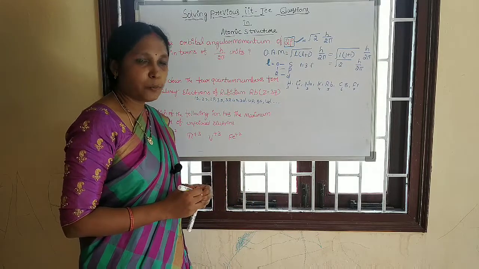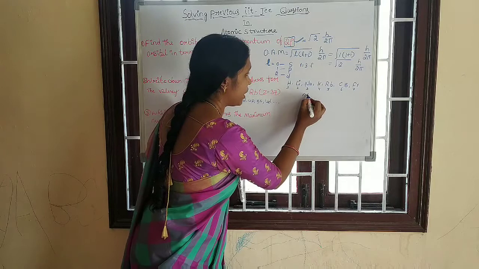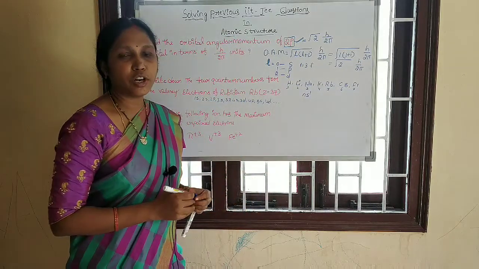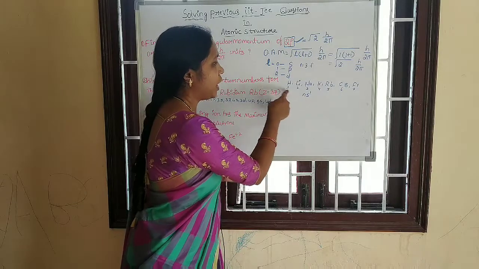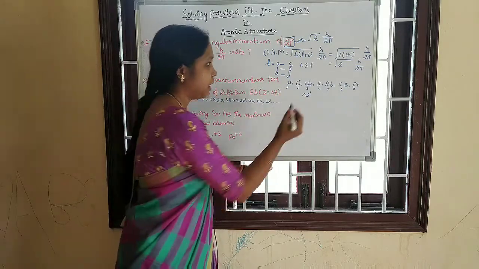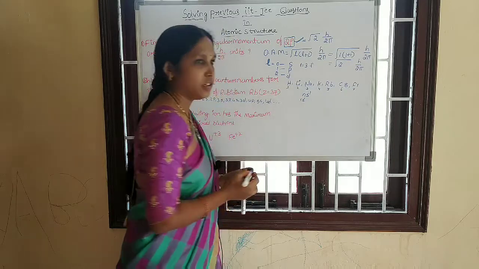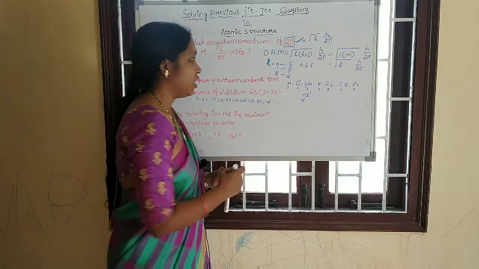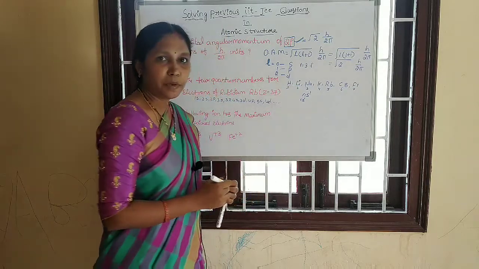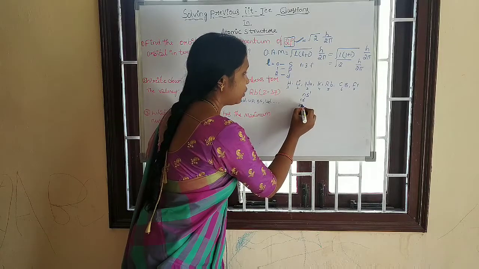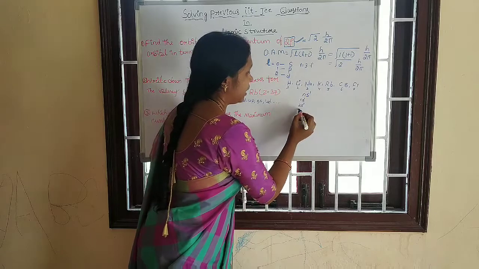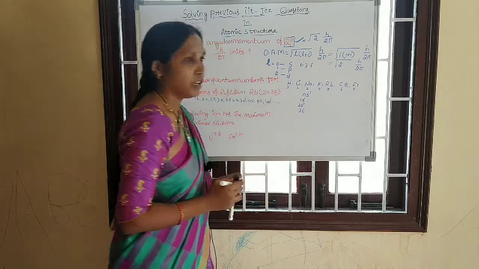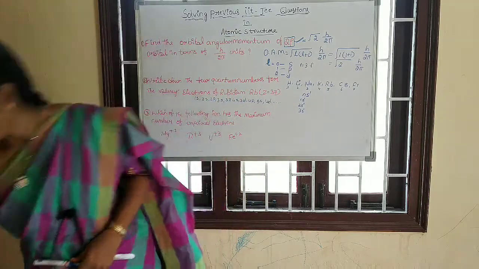First A group means they have the general configuration ns1. If the element is a first period element, the outer configuration is 1s1, and for a second period element, it is 2s1. If it is a third period, it is 3s1. Like that.